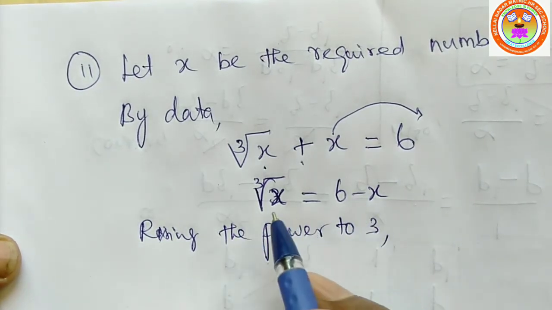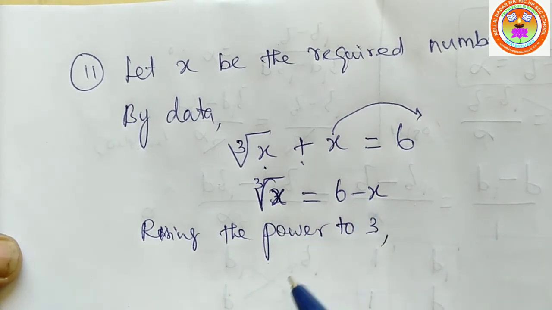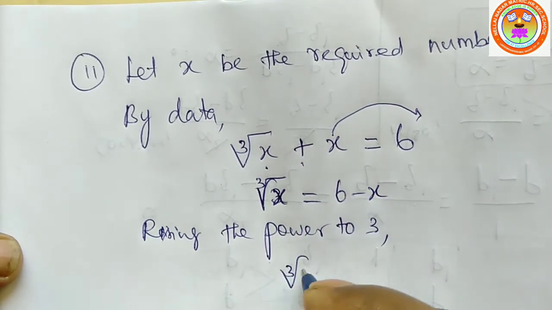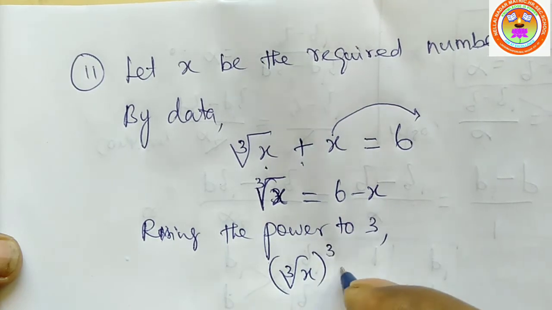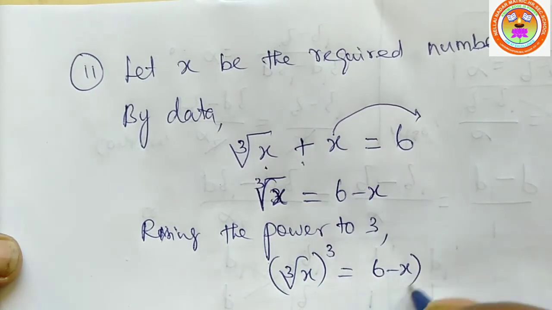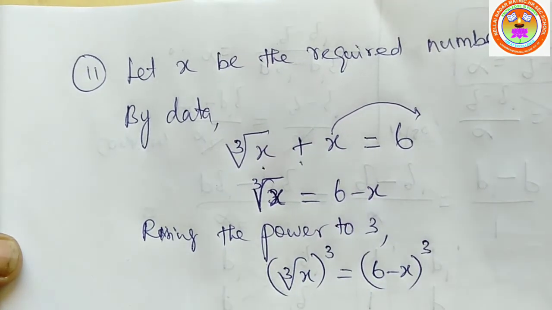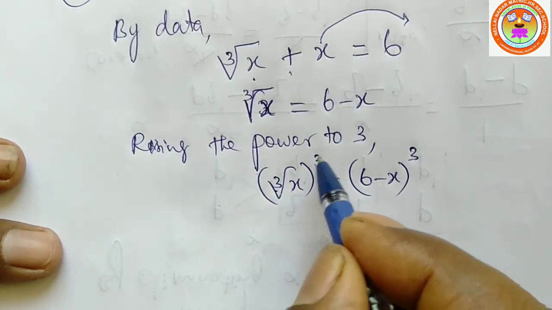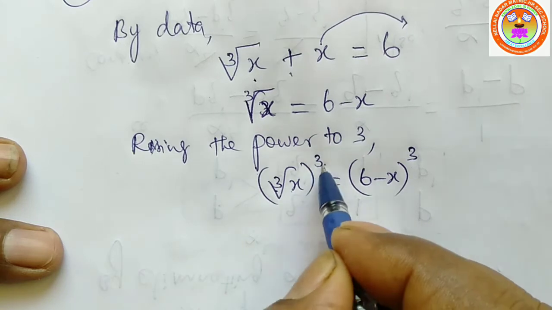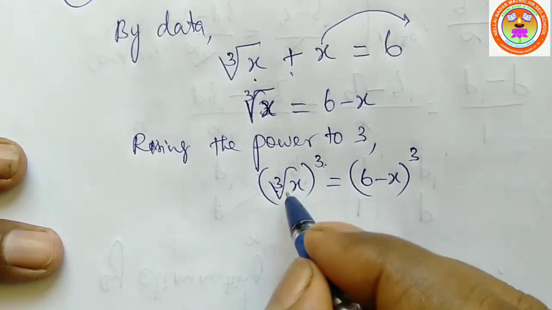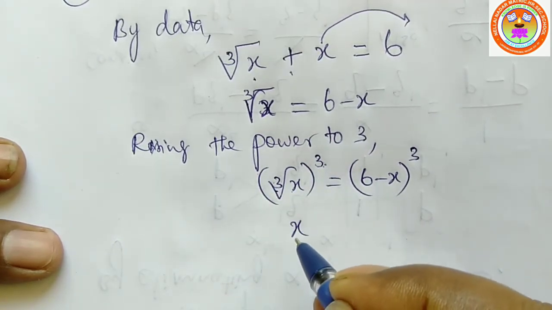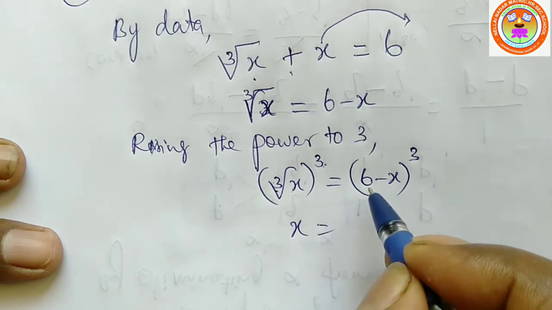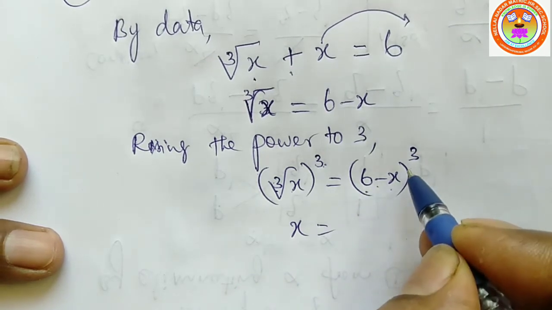If we apply the power 3 on both sides, cube root of x the whole cube is equal to 6 minus x the whole cube. This cube root of something the whole cube, the cube root and the cube are getting cancelled. So remaining is x. It is in the form a minus b the whole cube.